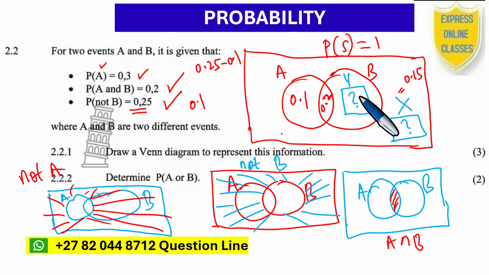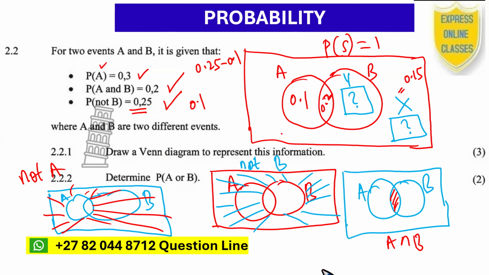Now, what is then the probability of B? What is Y in the diagram?